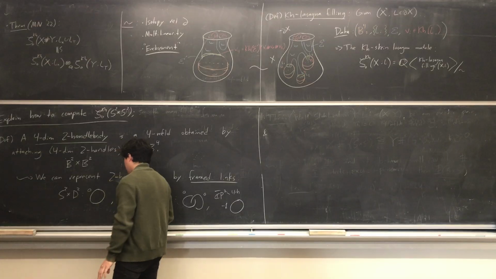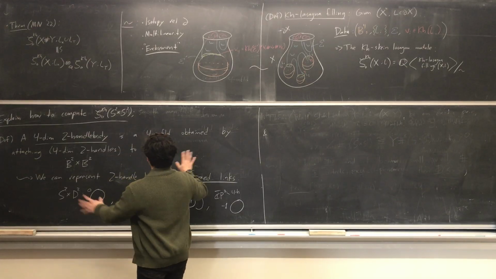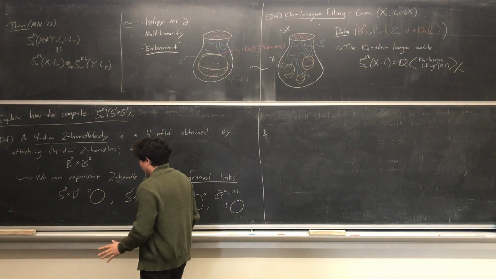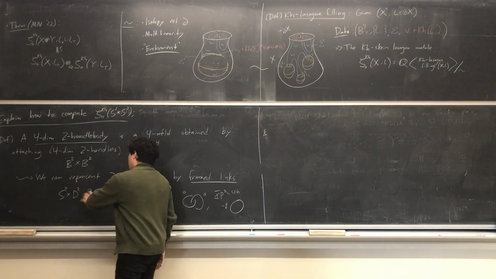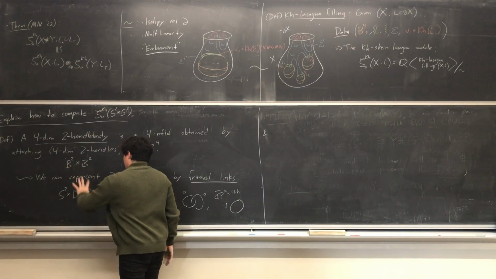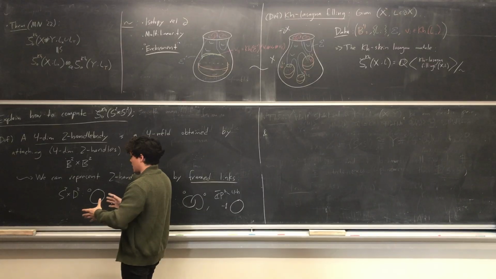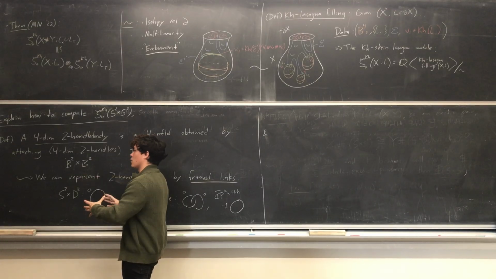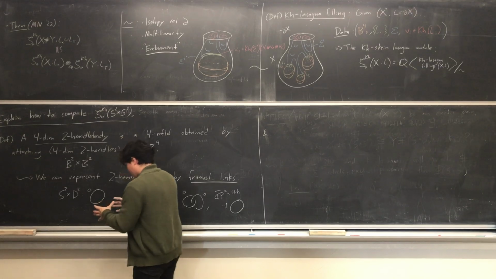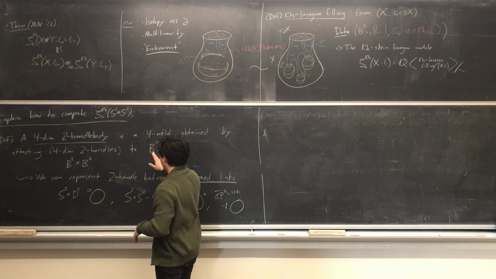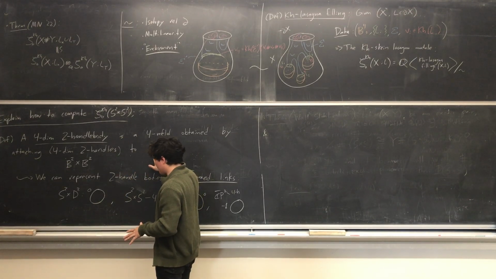Yeah, so I'm imagining the blackboard is the boundary of B4. And I'm saying, okay, I want to attach this guy. The boundary of this first bit is an S1. And so I'm attaching this along just the unknot. That will be my attaching knot in the boundary of this four ball.